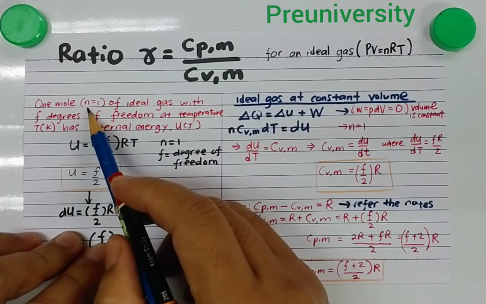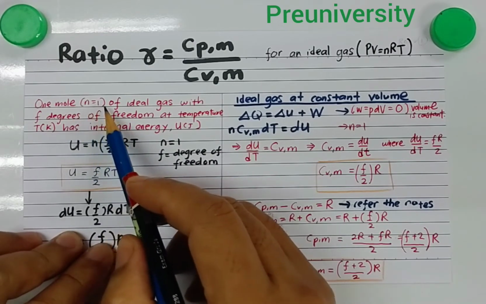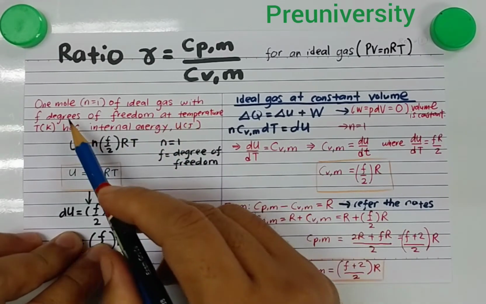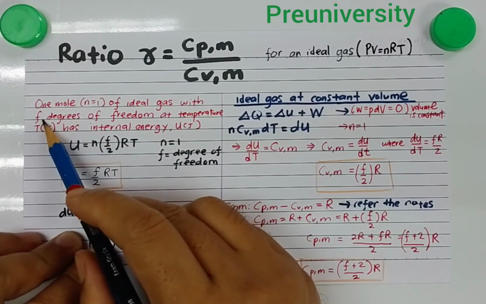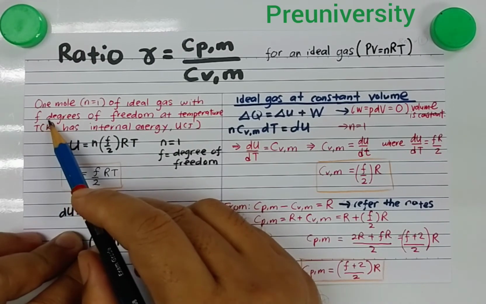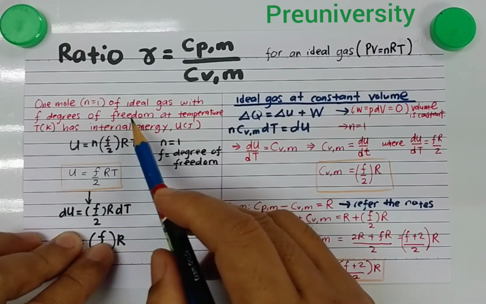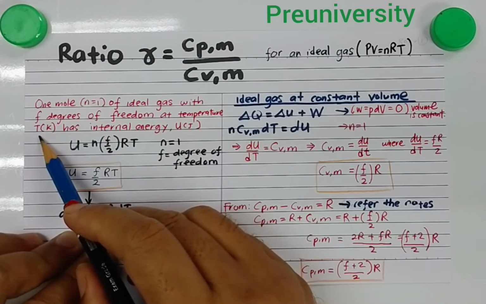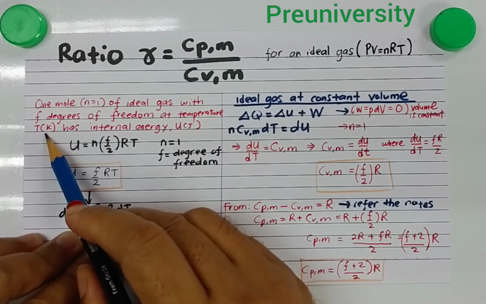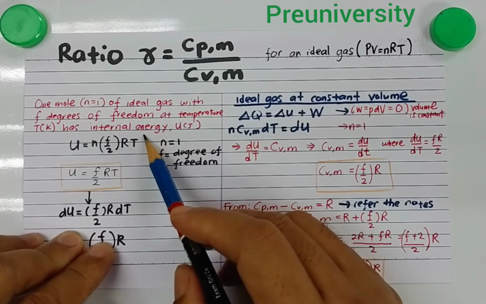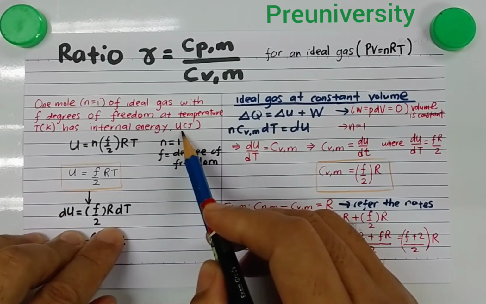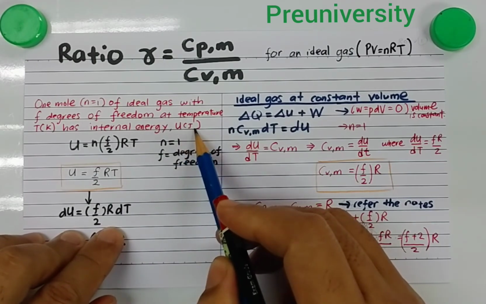So n is the symbol of mole. 1 mole of the ideal gas with F degrees of freedom at temperature T, where the unit is Kelvin, has internal energy U, where the unit is joule.